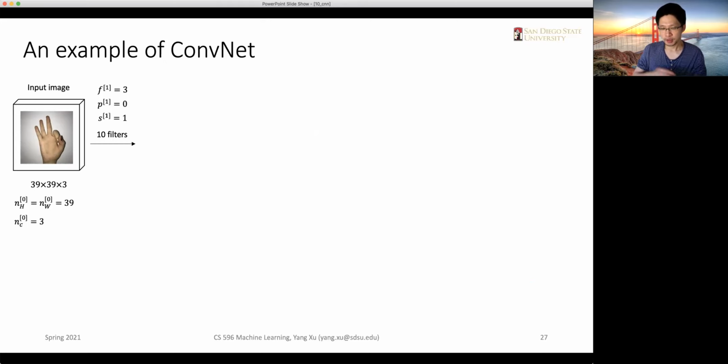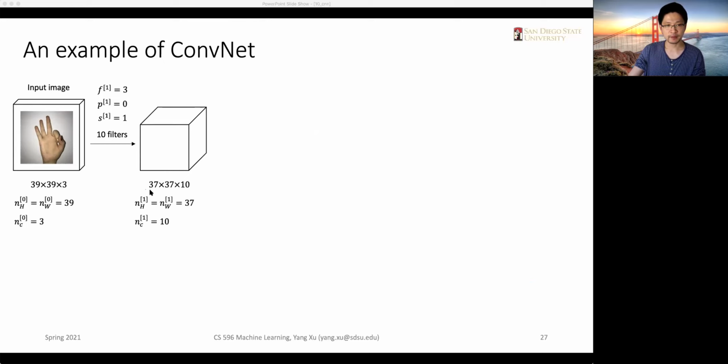Applying the principles from the previous slide, we get 37 by 37 by 10. The 37 is computed as (39 minus 3 plus 0) divided by 1, plus 1, and the 10 comes from the 10 filters used. That's a straightforward computation.